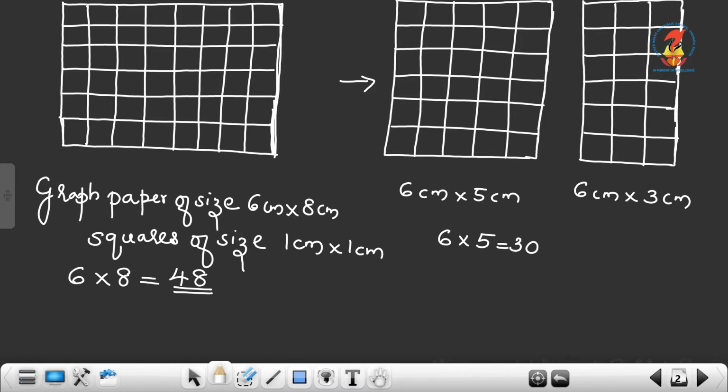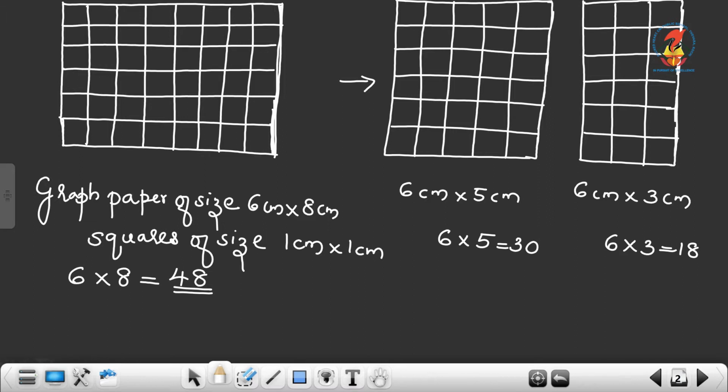Now look at the second piece, and the size of that piece is 6 centimeter by 3 centimeter. Therefore, how many squares are there? The number of squares will be equal to 6 into 3, which is equal to 18. So what is the total number of squares in these two pieces together?